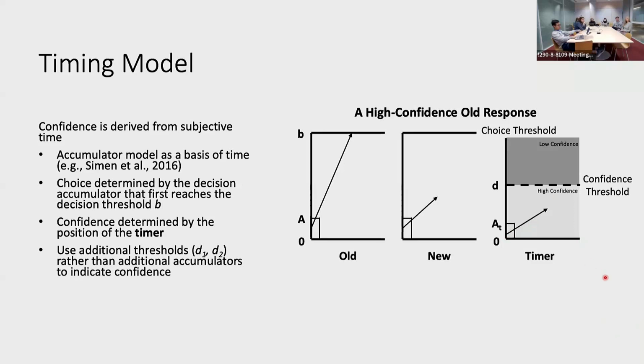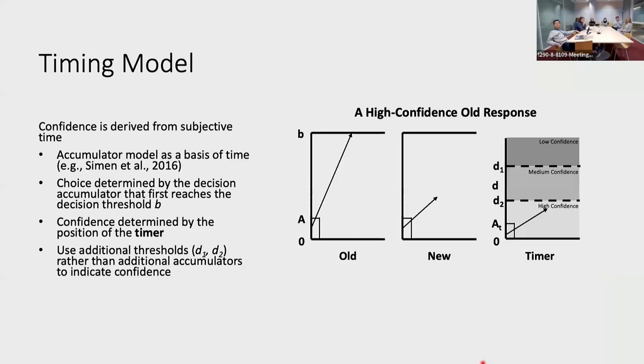And this timing drift rate stays the same across all stimulus types. This represents the idea that your sense of time should be relatively constant, no matter what stimuli you are responding to. So this model is similar to MTR in that you can account for more confidence options by simply adding more confidence thresholds.